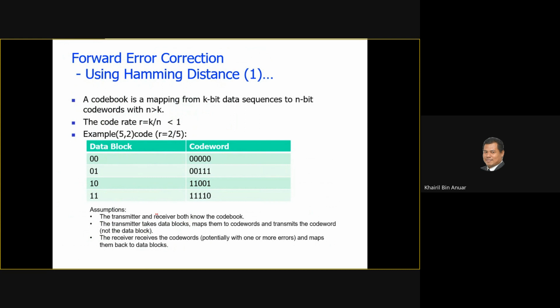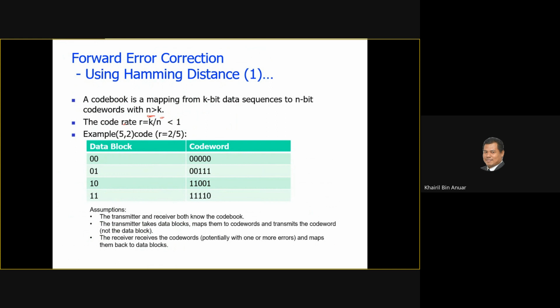This is for the Hamming code distance. A code word is mapped from a k-bit data sequence to an n-bit code word, with n must be greater than k. So the code word must be greater than the information that needs to be sent.